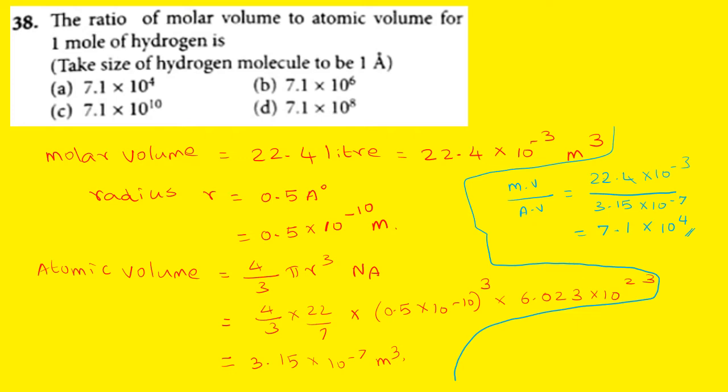So STP means what? Standard temperature and pressure is defined as 0 degrees Celsius and 1 atmospheric pressure. So how did this 22.4 liter come? At STP, 1 mole, that is 6.02 into 10 power 23 representative particles of any gas, occupies a volume of 22.4 liter. That is how the molar volume is 22.4 liter.